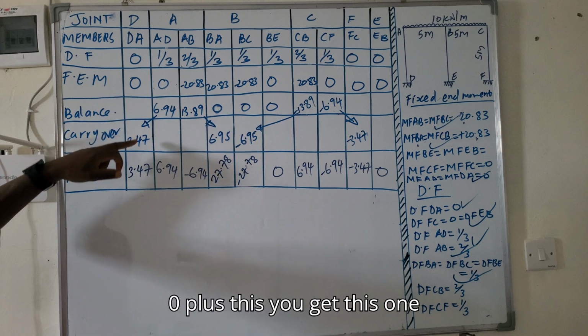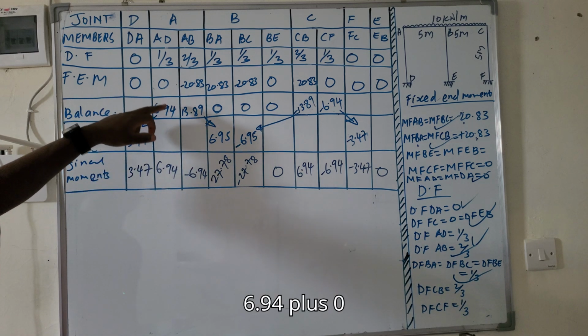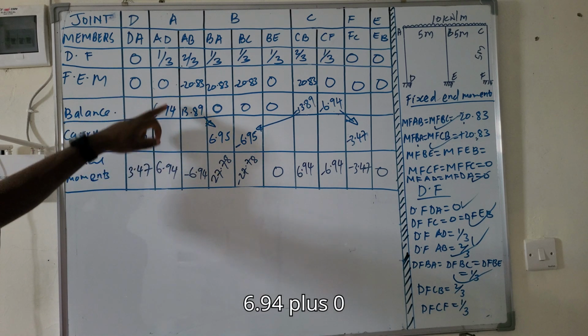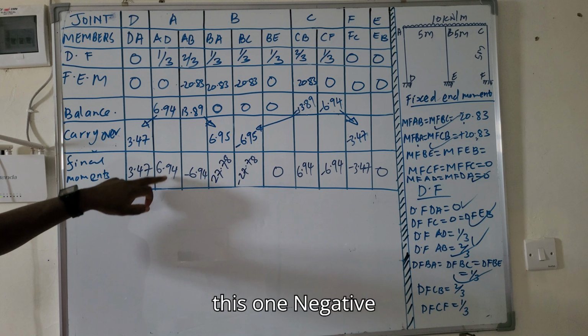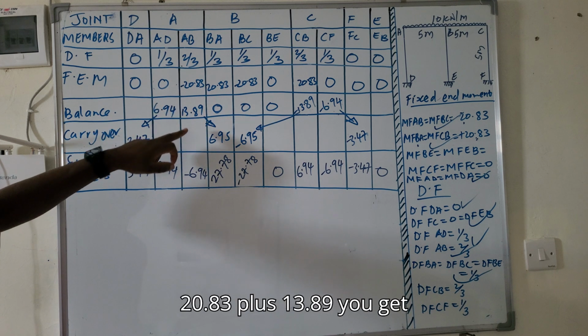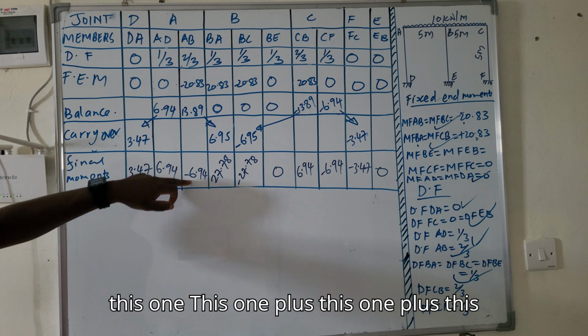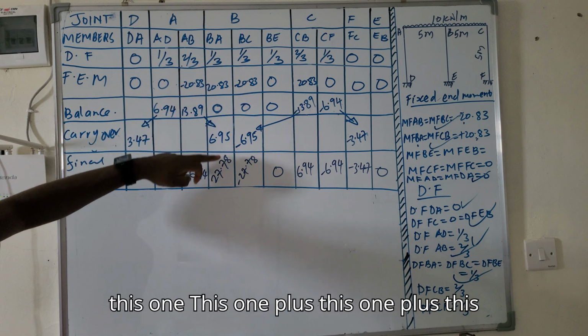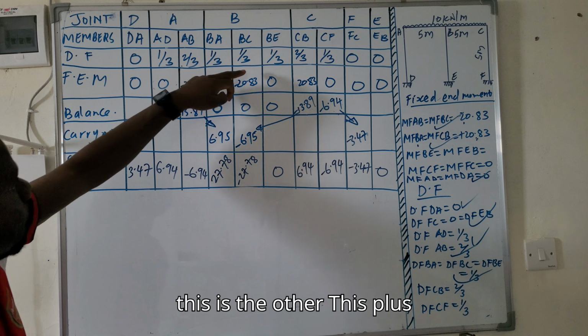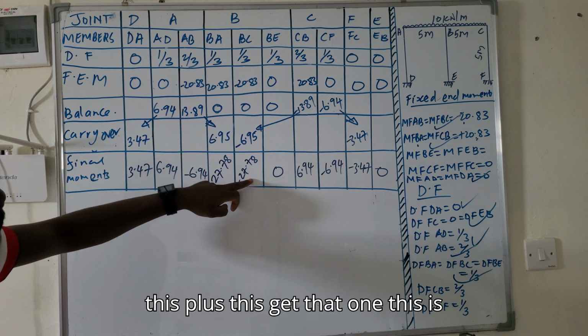So it's 0 plus this, you get this one. 6.94 plus 0, this one. Negative 20.83 plus 13.89, you get this one. This plus this plus this, you get that one.